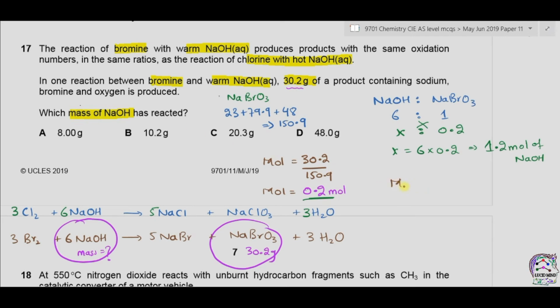So mass is equal to moles into Mr. For sodium hydroxide, we have 23 for sodium, 16 for oxygen, 1 for hydrogen. So in total the molecular mass comes equal to 40. So we can write 1.2 for number of moles and 40 for molecular mass. So mass in grams comes equal to 48. The answer is therefore D.